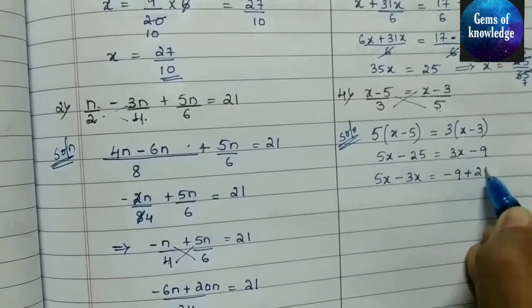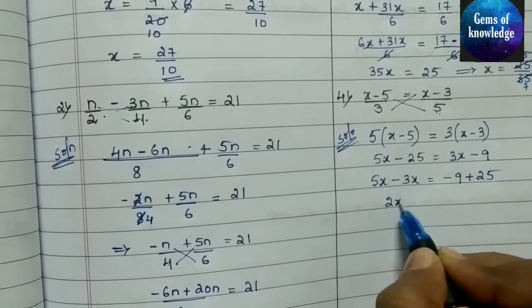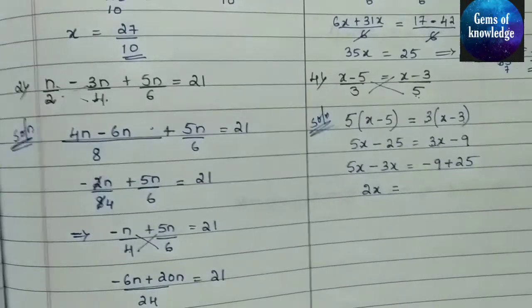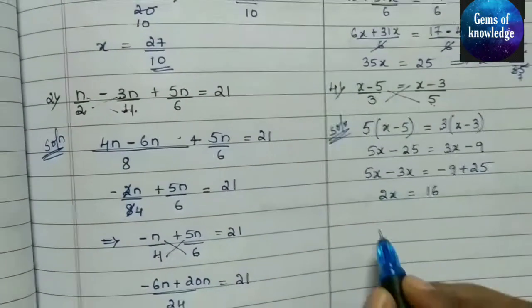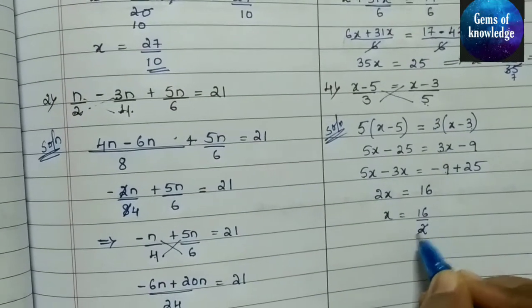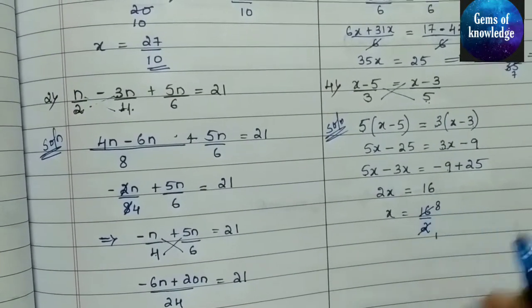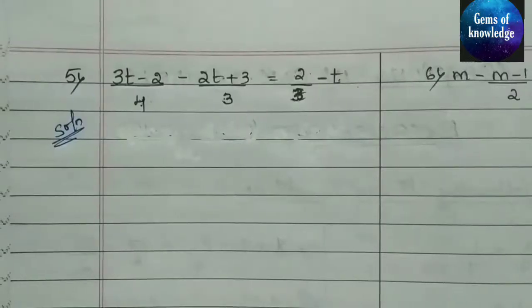It will become plus 25. So here we will get this as 2x, which is equal to 25 minus 9, that is 16. So x is equal to 16 by 2. That is 2 1s are 2, 2 8s are 16. So the value of x is nothing but 8.